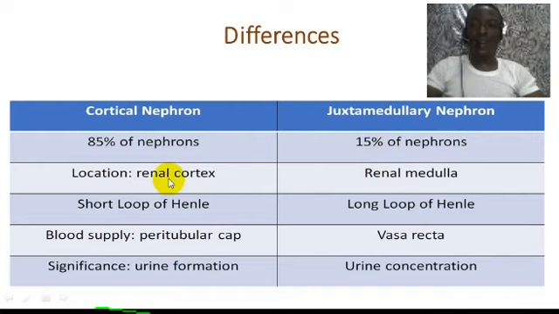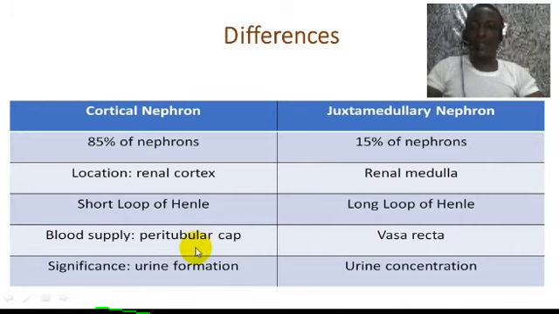Cortical nephrons are located in the renal cortex, while juxtamedullary nephrons are located in the renal medulla. The cortical nephron has a short loop of Henle, whereas the juxtamedullary nephrons have long loops of Henle. The cortical nephrons are supplied by the peritubular capillary, while the juxtamedullary nephrons are supplied by a type of capillary known as the vasa recta.